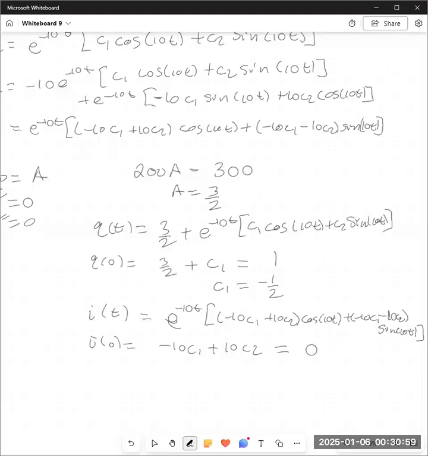So let's just write it this way: negative 10 C1 equals negative 10 C2. C1 equals C2, so C2 also equals negative 1/2.